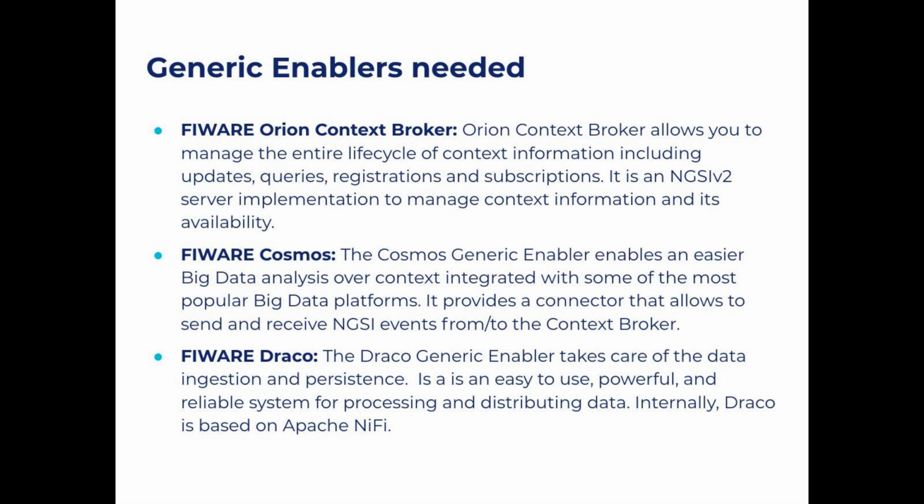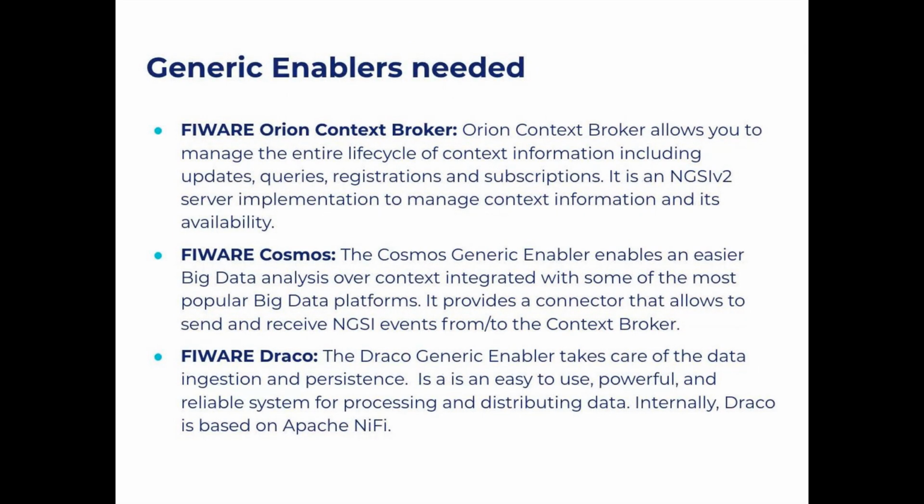In this slide you can see a little overview of the architecture that we are going to use. We are going to use components like Spark, in this case in cluster mode. We are also using FIWARE Cosmos as a connector for receiving the NGSI notifications coming from the Orion context broker.